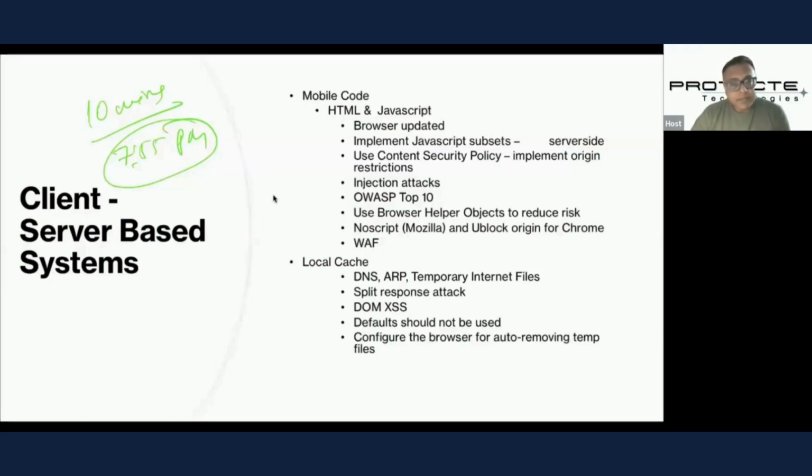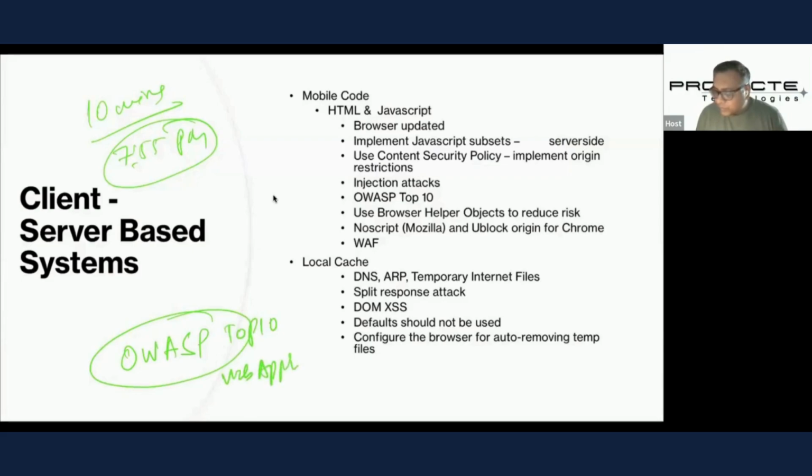If you go to a website called OWASP, Open Web Application Security Project, OWASP lays down the top 10 web application vulnerabilities, and first amongst them is something called SQL injection.